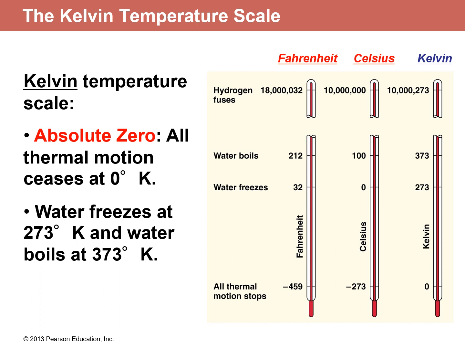So when you say something is at 0 degrees Kelvin, it's at absolute zero. Where water freezes at 32 degrees on the Fahrenheit scale, it's at 273 degrees Kelvin. So 273 Kelvin is the freezing point of water. 373 Kelvin is the boiling point of water.